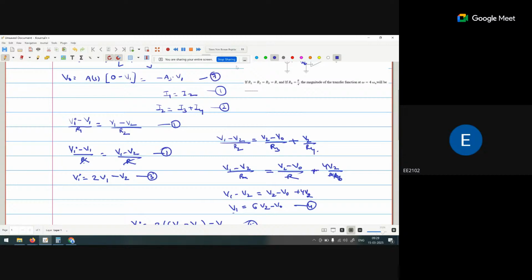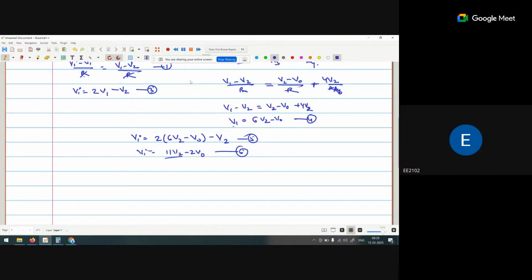Seven. So V out is equal to minus A(s) times V1. Now from this one we are getting V2. V2 is nothing but 2V1 minus Vi. So I just replace this one. Vi is equal to 11 times 2 V1 minus Vi minus 2 V0.